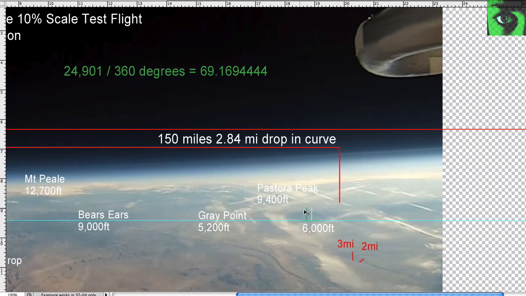Now this is Pastora Peak, and it's about 9,400 feet. The base is somewhere around 6,000, maybe 6,100, in that arena, depending on the area we're looking at.